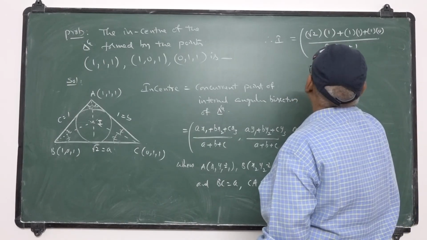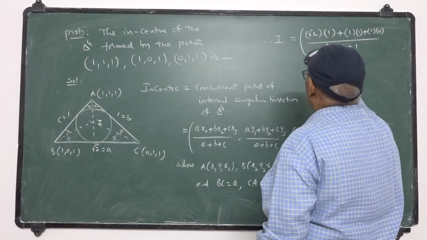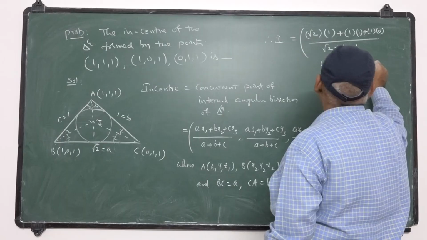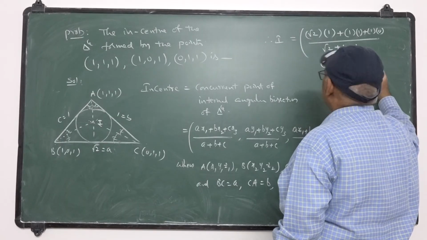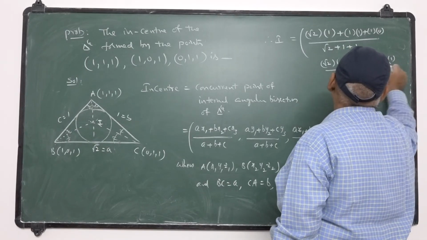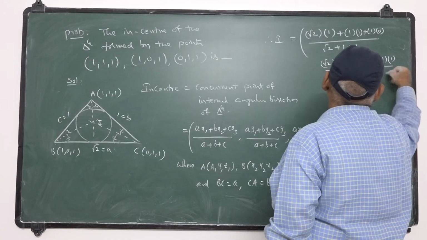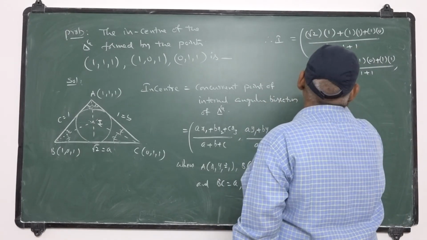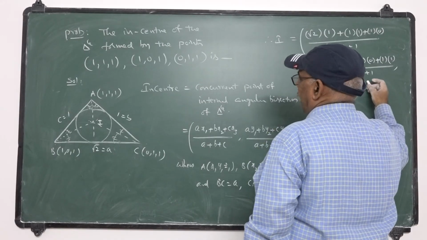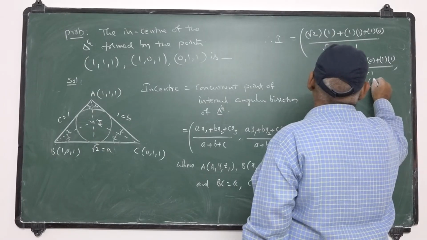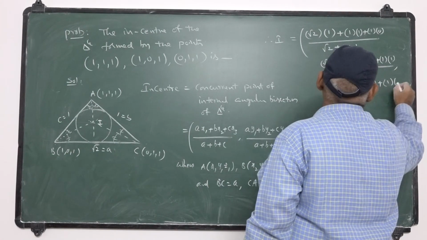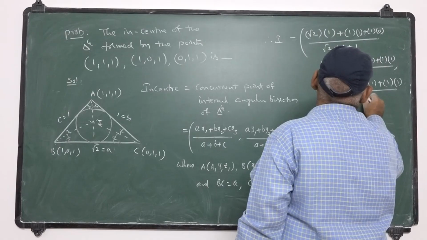Similarly, y coordinate: root 2 into 1 plus 1 into y2, 0, plus 1 into the y coordinate of C, 1, by root 2 plus 1 plus 1. Similarly, the z coordinate: root 2 into 1, plus 1 into the z coordinate of B, 1, plus 1 into the z coordinate of C, 1, by root 2 plus 1 plus 1.